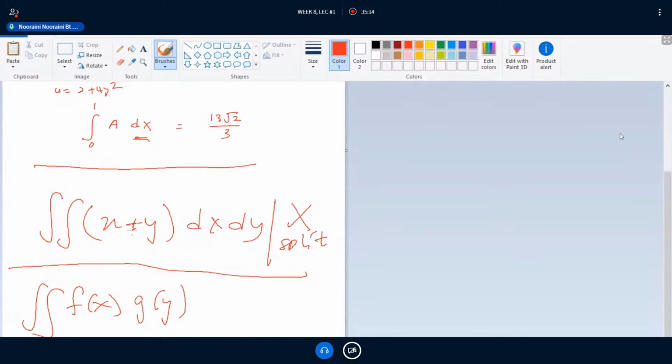Here it is plus, so you cannot split. Only this part you can split, dx, dy.